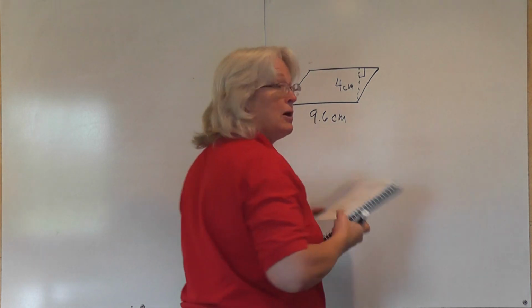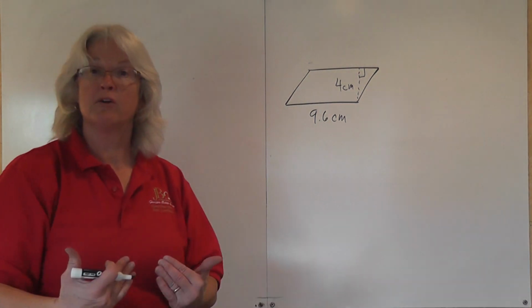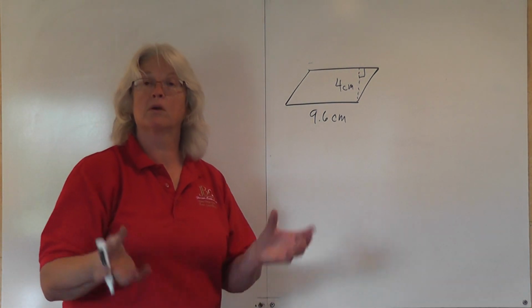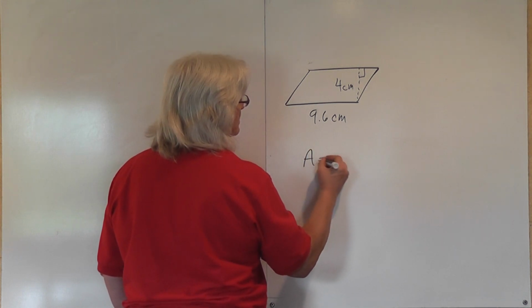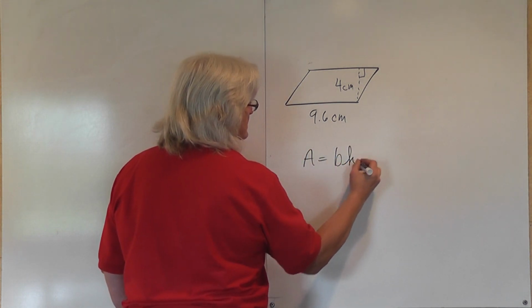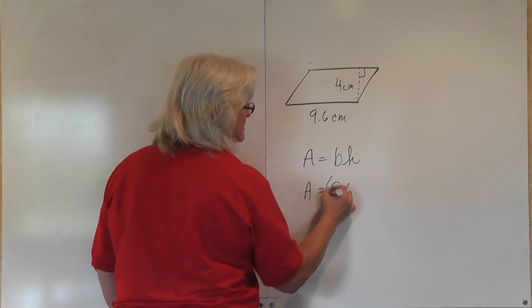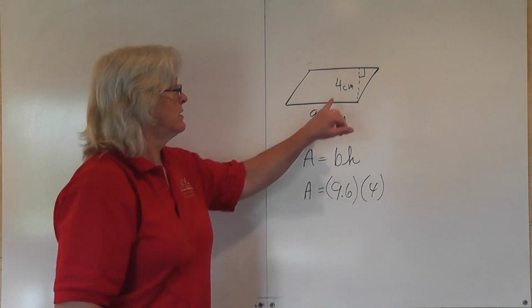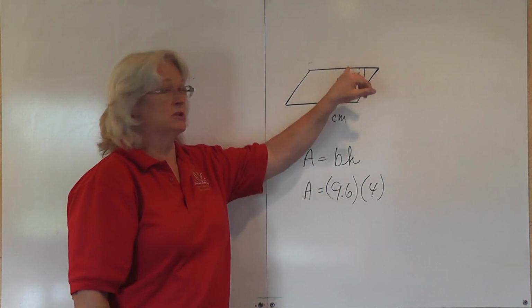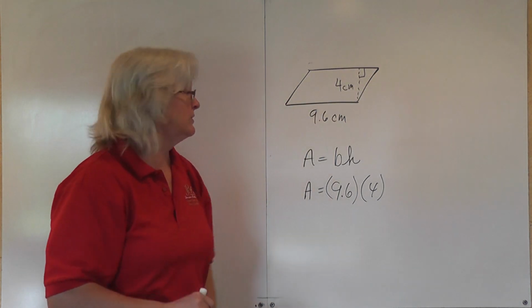Very first thing you do, because you have to show me your work, you have to learn these formulas. You say that the area is equal to the base times the height. The area is the base, which is 9.6 centimeters, times 4 centimeters. We know that's the height because it's a dotted line. It has this little square in there to let us know it's perpendicular.